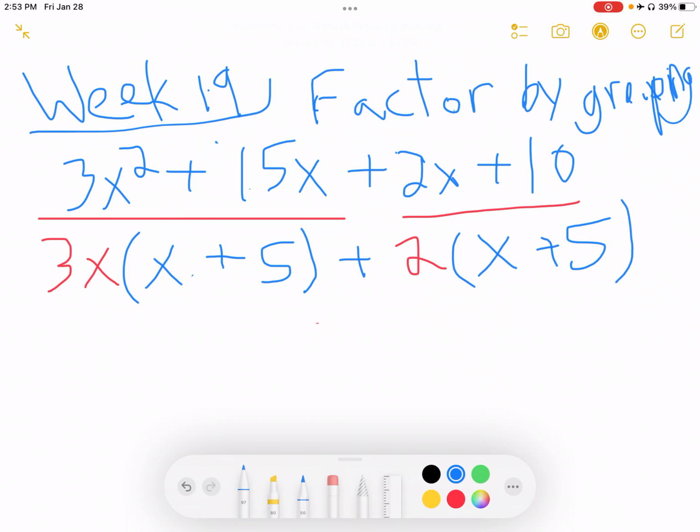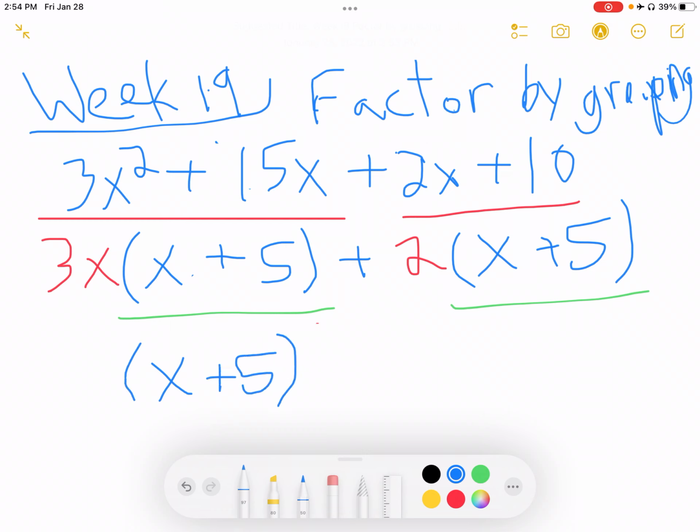Okay, so now what you probably will notice is that x plus 5 is over here, and x plus 5 is over here. So we could say that both terms have x plus 5 that can be factored out. Okay, so then when we go to the next step, we could write x plus 5 as part of both of these, right?